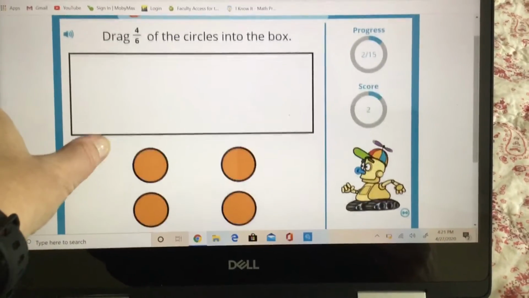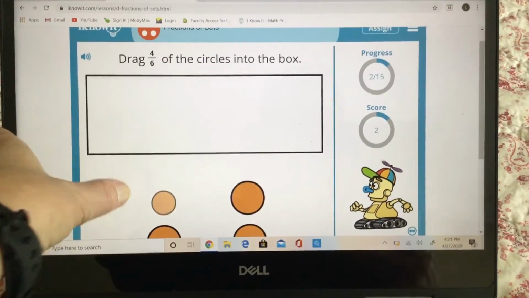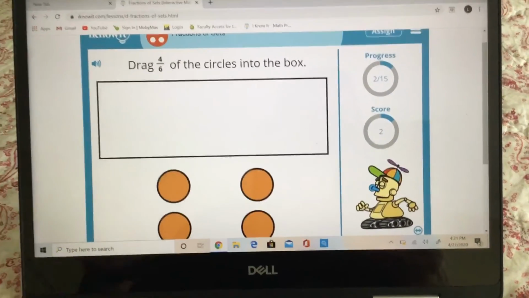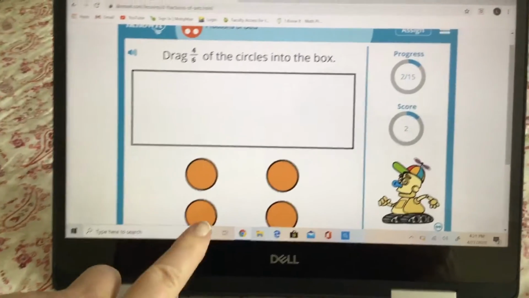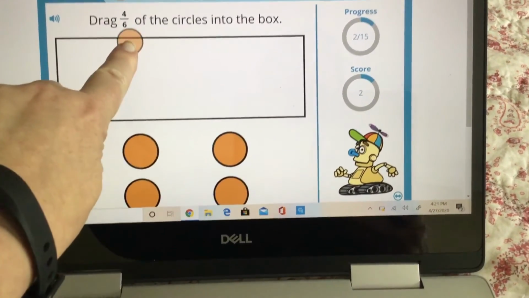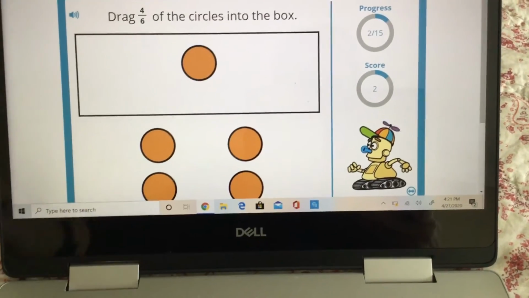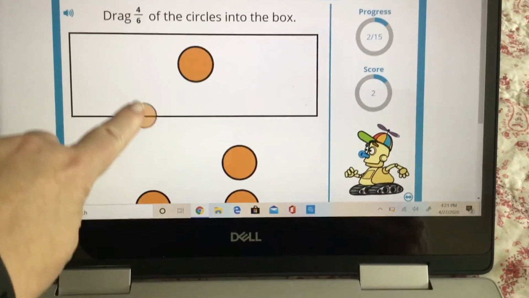Okay, now remember when we're dragging the circles, okay? So drag 4/6 of the circles into the box, okay? So when we're dragging these circles in, we'll do this. Remember, when we're dragging these circles in, make sure that they're up high in the box. 4 out of 6.